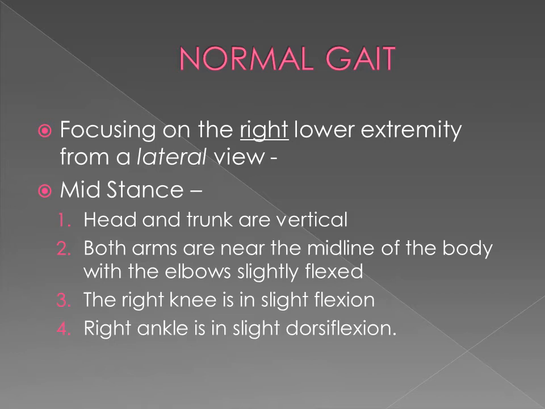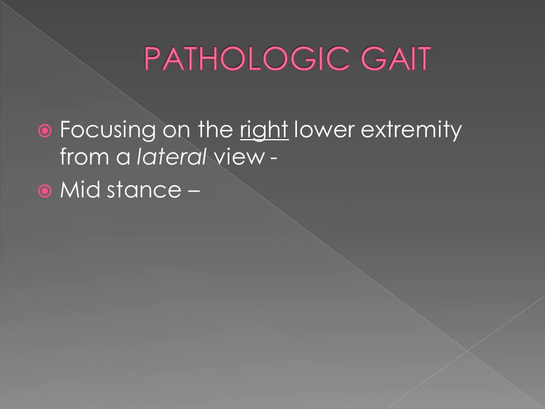One's coming forward and one's coming backwards, but they're meeting at the midline as they pass through opposite directions of motion. We see that the right knee should be in slight flexion, and the right ankle is in slight dorsiflexion now, as the body moves over the base of support.